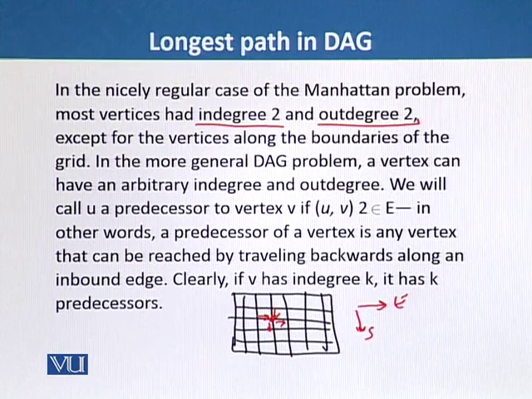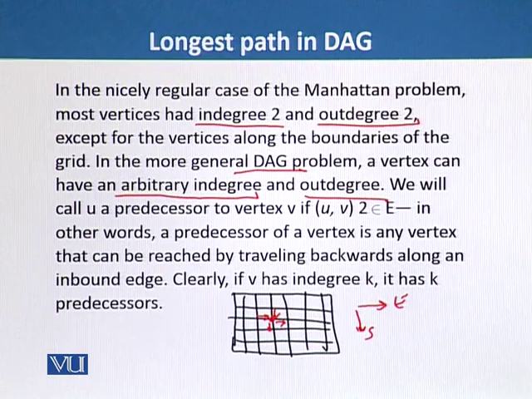But as we have seen in the directed acyclic graph problem, a vertex can have an arbitrary in degree and out degree. It means that any specific vertex can have more than two inflow and outflow edges, and we will see later that it could be more than 3, more than 2, and less than 1.